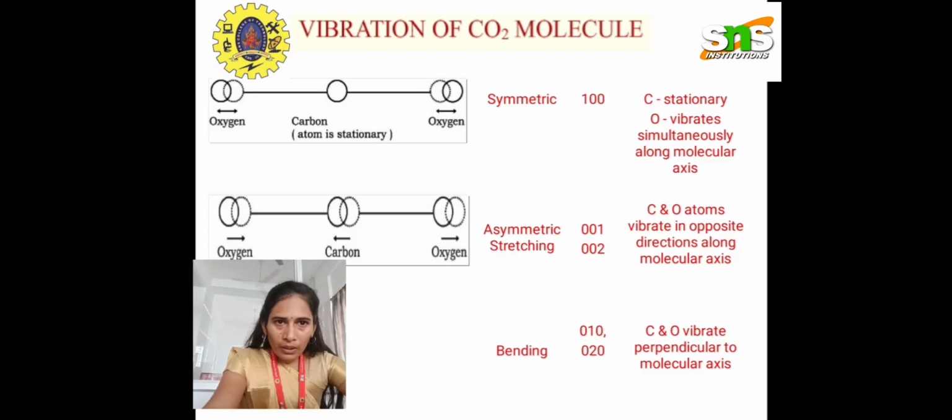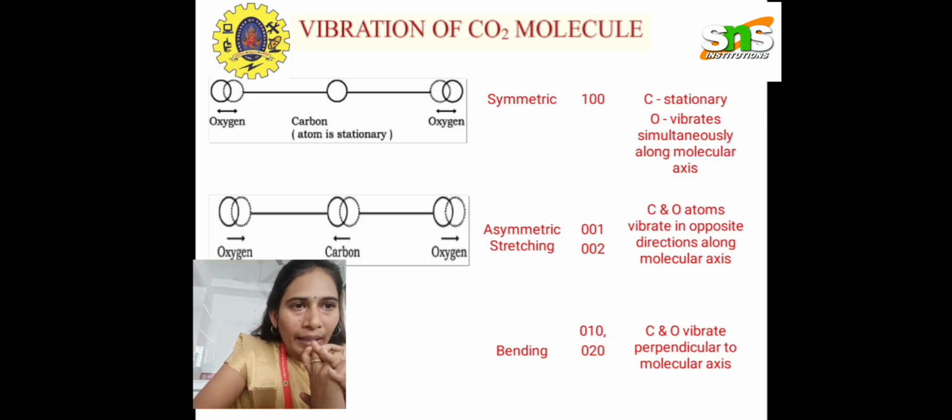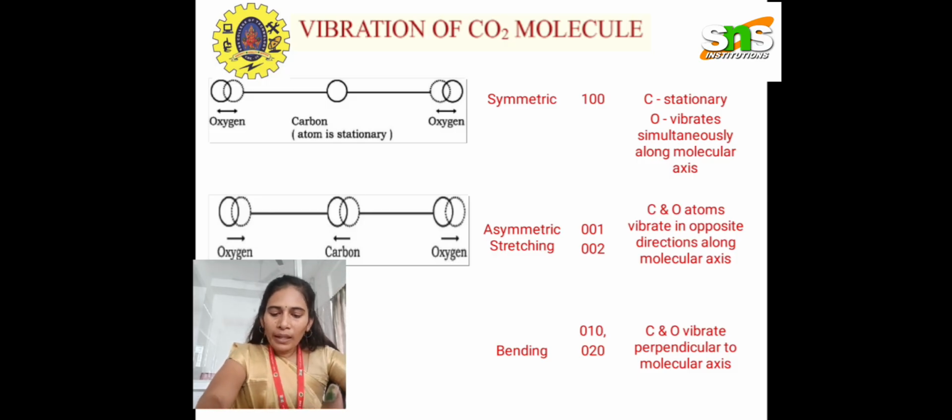In the figure shown, in the symmetric structure the carbon atom is fixed in position, the carbon atom is stationary, and the 2 oxygen atoms move simultaneously along the molecular axis. Each oxygen atom vibrates in the opposite direction, symmetrical to the carbon atom, along the straight line, and this is known as the symmetric mode of vibration.